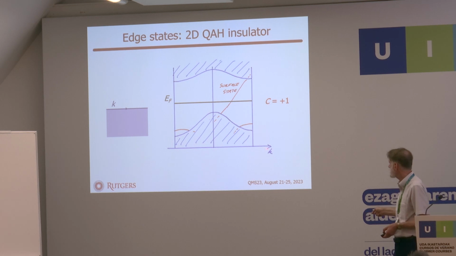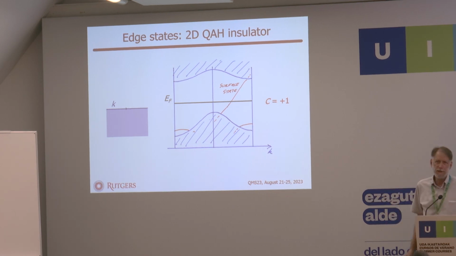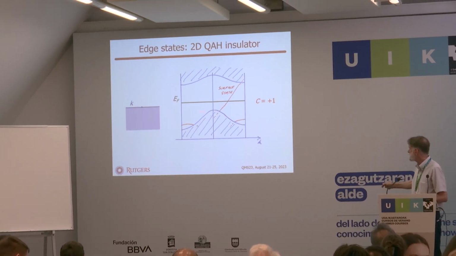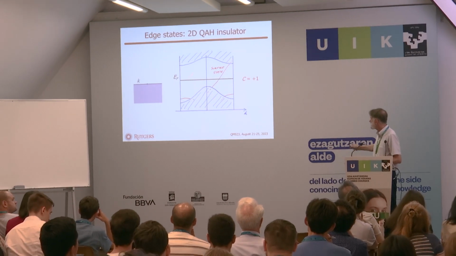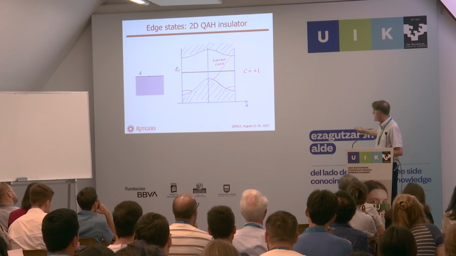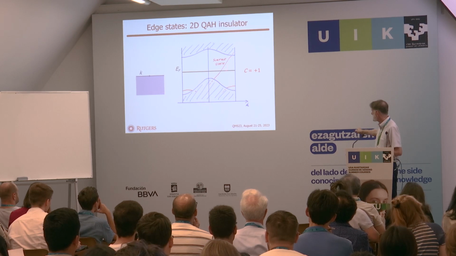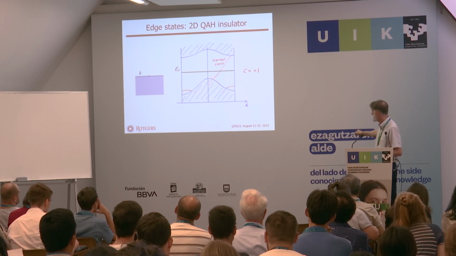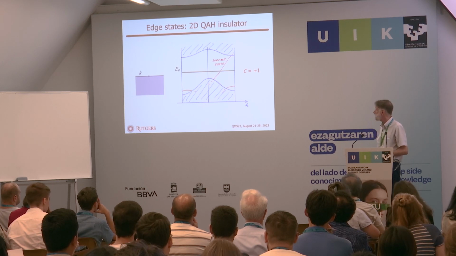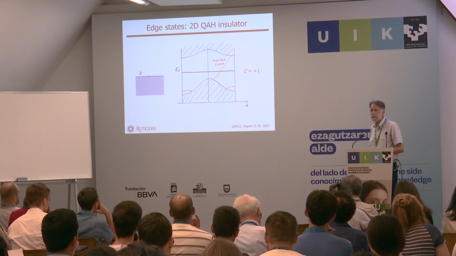If you plot as a function of kx what the projected bulk bands look like, that's this blue hashed region. If you also include possible surface states, you may get some states that emerge out of the valence band or conduction band, which are called surface states. You may also get a situation like this, where a surface state leaves the valence band and enters the conduction band as you go across the Brillouin zone.